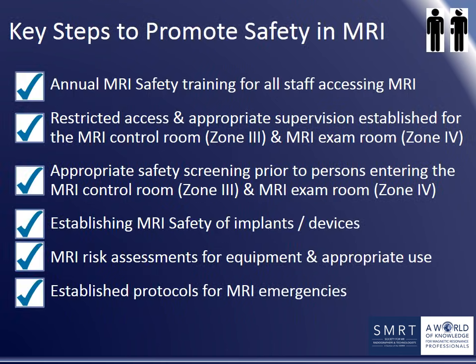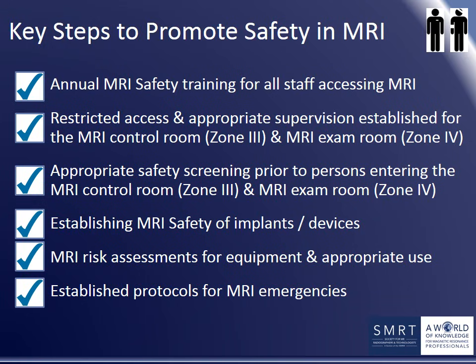To recap the key steps to promoting safety in MRI. 1. Annual MRI safety training for all staff accessing MRI. 2. Restricting access and establishing appropriate supervision for the MRI control room, Zone 3, and MRI exam room, Zone 4. 3.